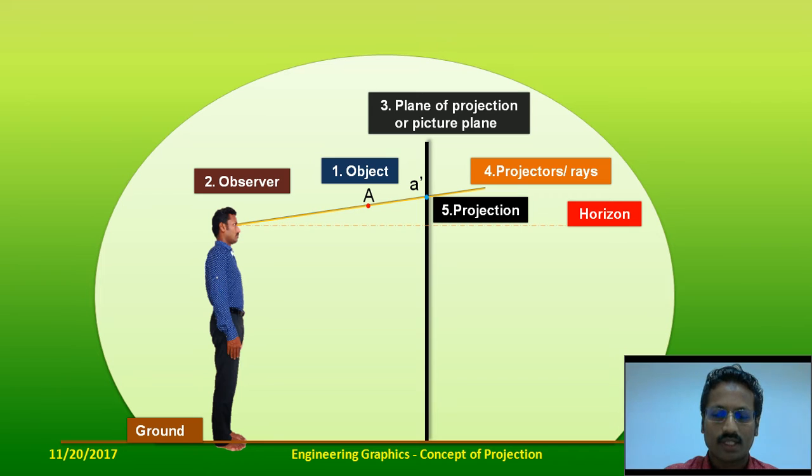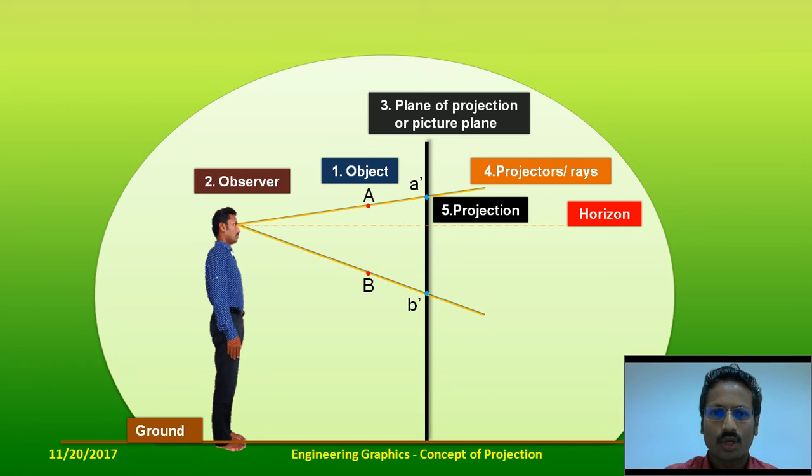Now let's consider another point B, which is labeled as capital B. The observer also looks at that object, so he casts a ray on that object and the ray pierces the plane of projection at a point B dash. So A dash is going to be the image of an object A on the plane of projection as seen by an observer, and B dash is an image of an object B as seen by an observer.